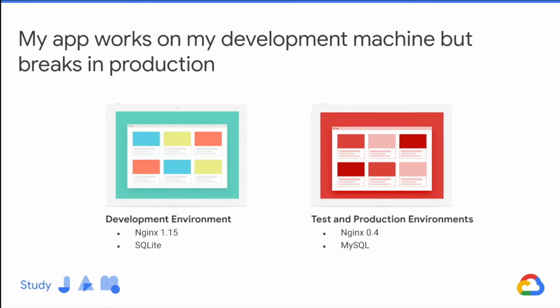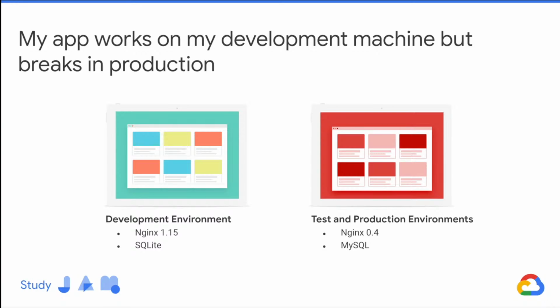For example, your local development environment might be running Nginx version 1.15 and SQLite, but your test and production environment might be running Nginx version 0.4 and MySQL.